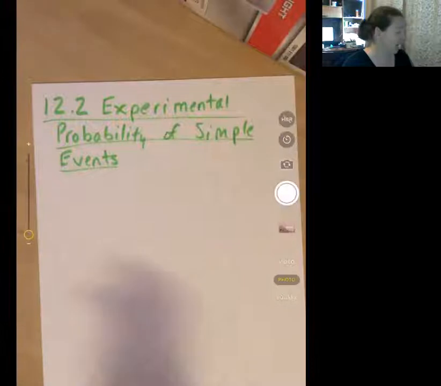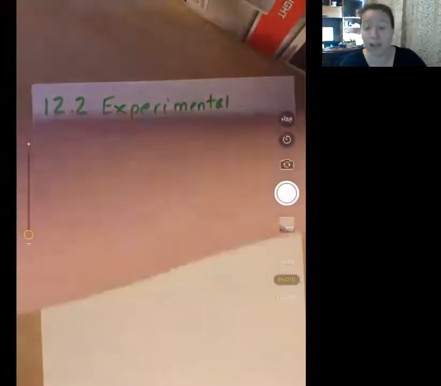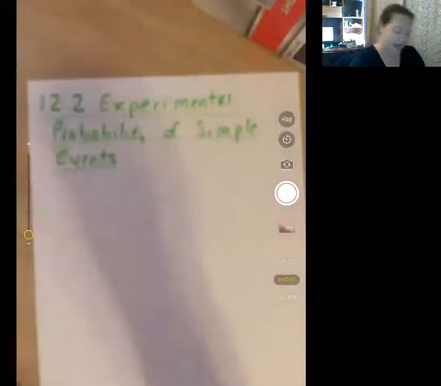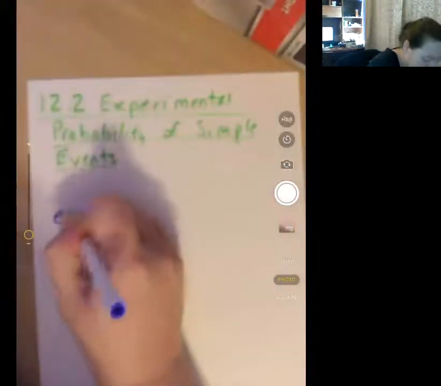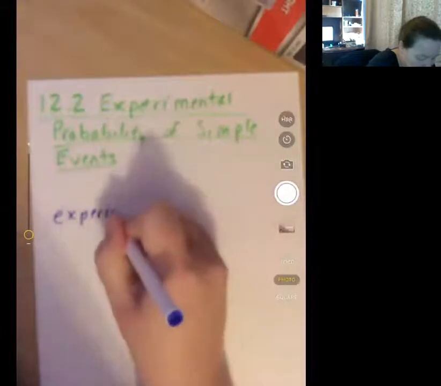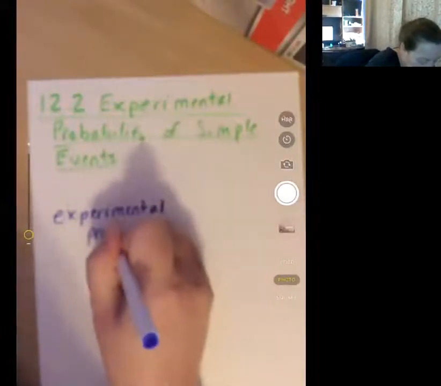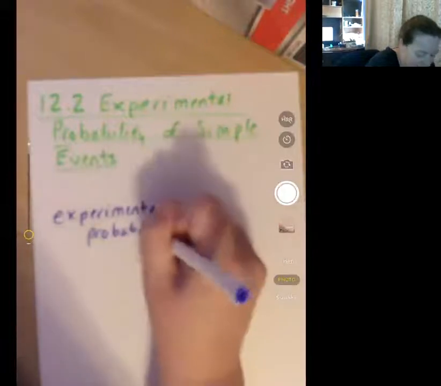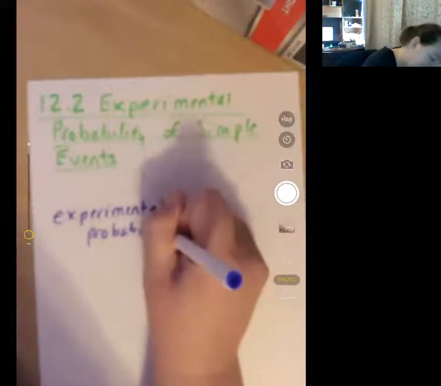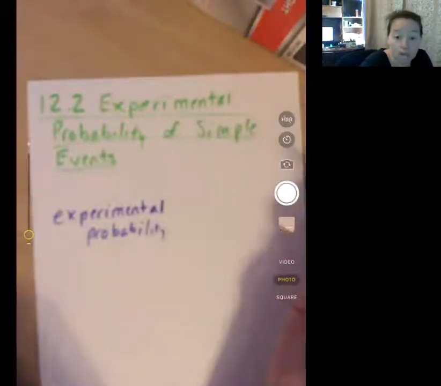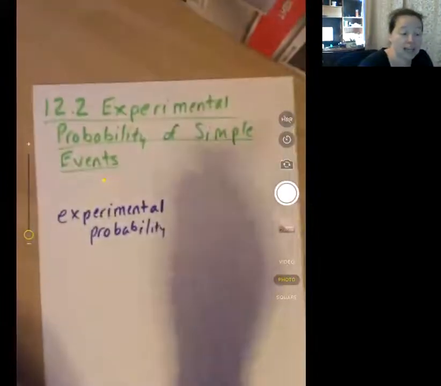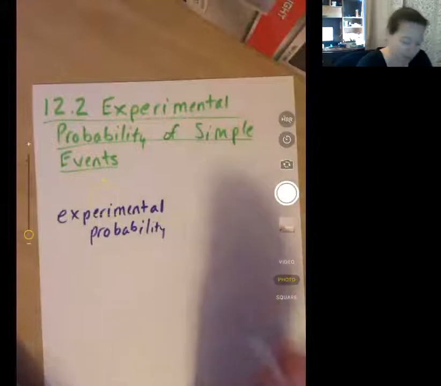So we have, for this one, our definitions. We have a couple of definitions. We have experimental probability. And yes, this is not as wide as my whiteboard at the school, and as such, we're going to end up having some issues there.